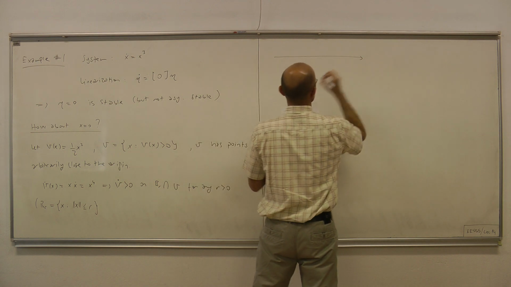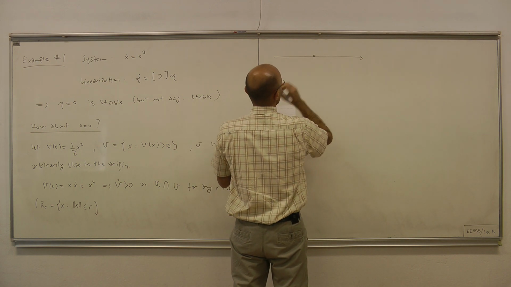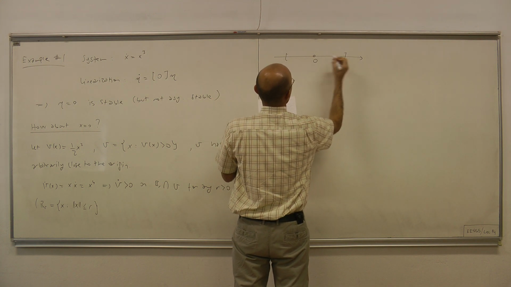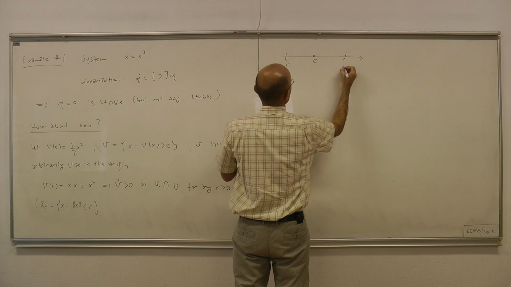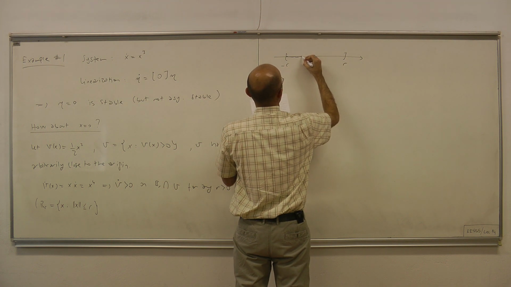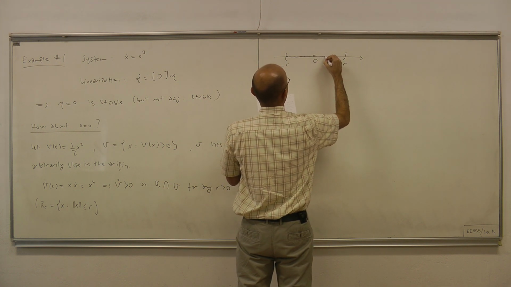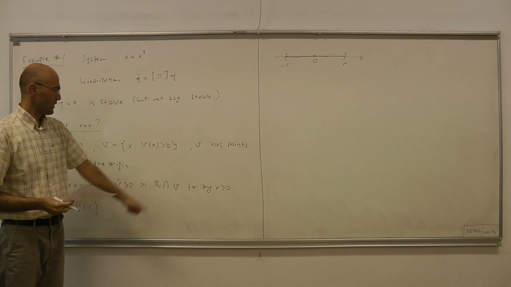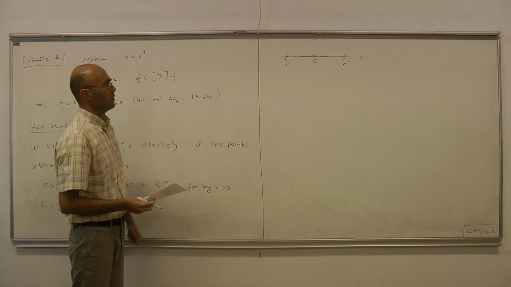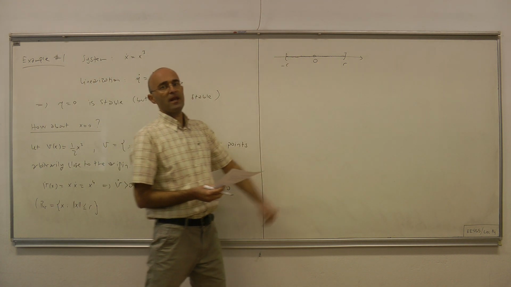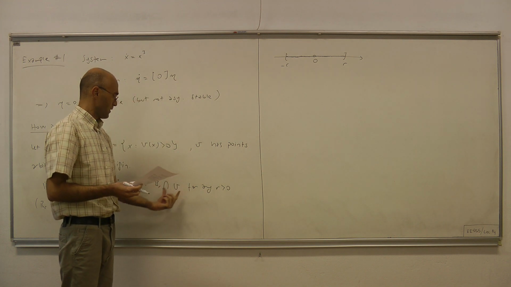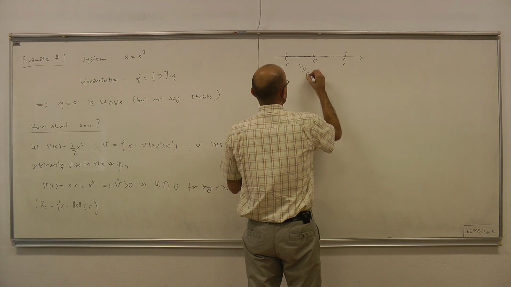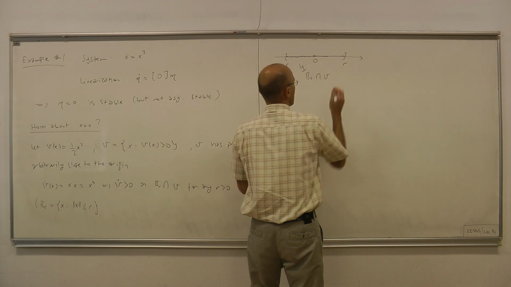So this is the real line, this is the origin, 0, and then we're talking about this set, minus r to r. So that's B_r intersected with U. Since U does not contain the origin but everything else, this is B_r intersected with U.